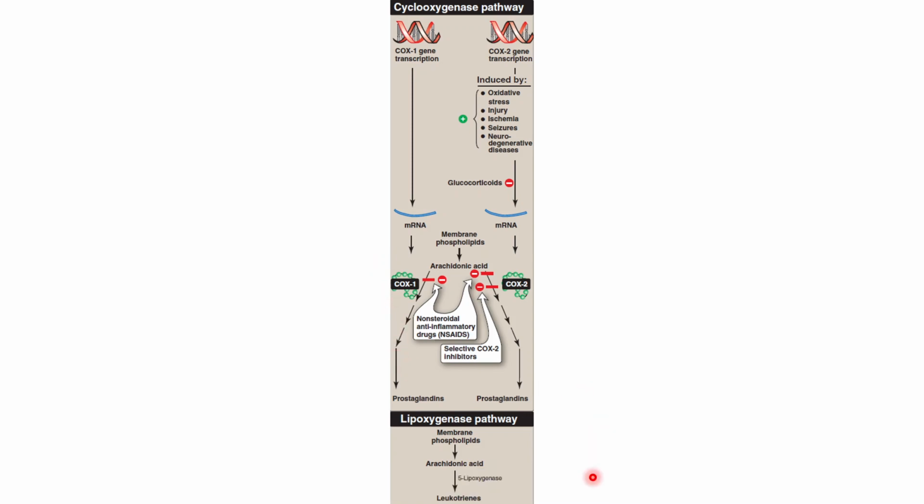Another pathway is the lipooxygenase pathway that will produce leukotrienes, and leukotrienes are responsible for the inflammation, especially for the bronchial asthma development, and that is why the drugs that will reduce the leukotriene synthesis, like montelukast, zafirlukast, and zileuton.